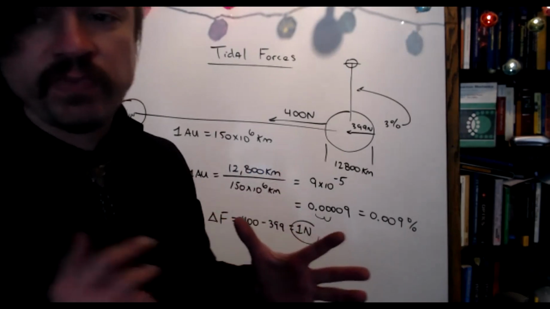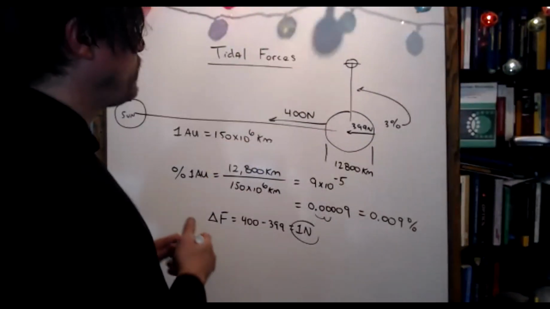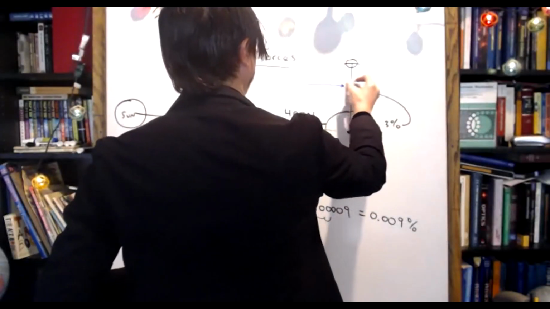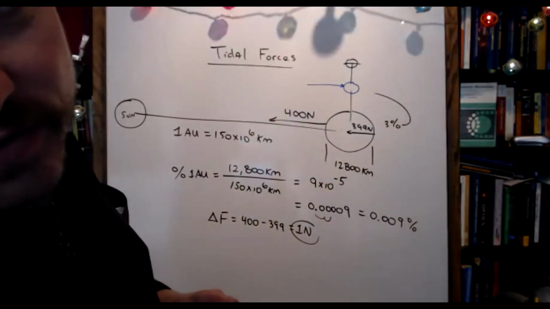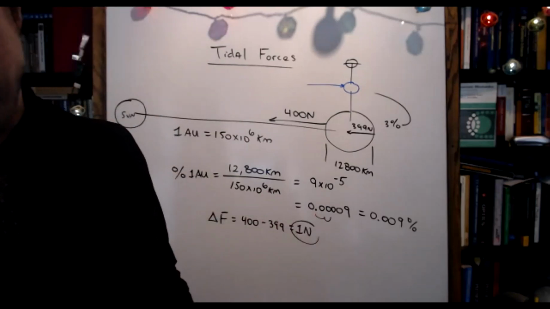Tidal forces affect planets and moons all throughout our solar system in complex ways. You guys might not realize this, but there's a critical distance at some point when moons get a little too close. Now, moons occasionally do gravitate and drift inwards and outwards, partially due to the conservation of angular momentum.